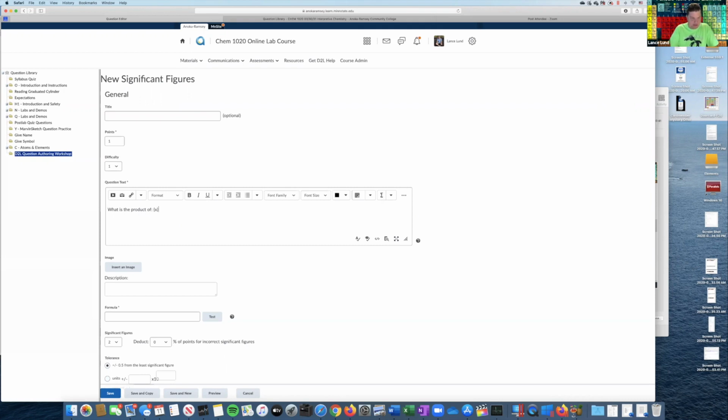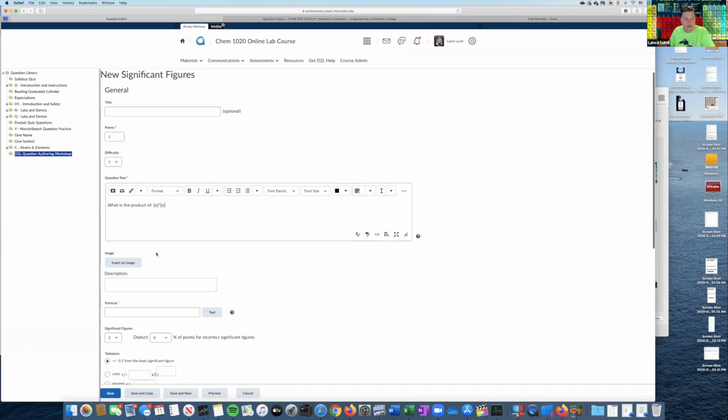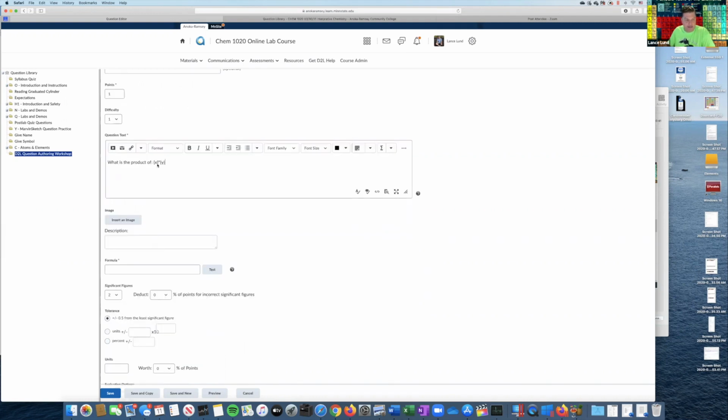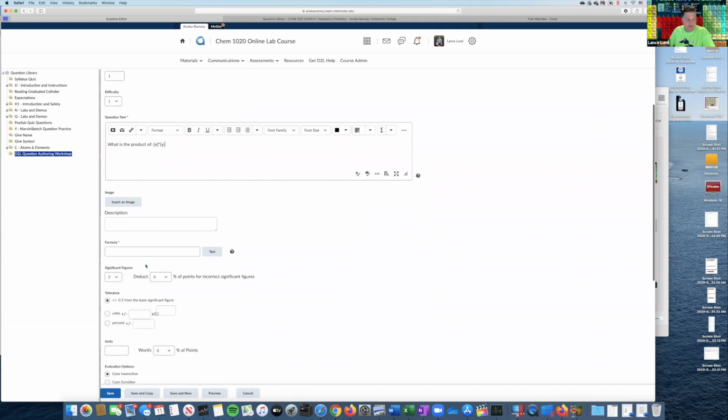Let's say we want to multiply x times y. Now, when you put the names in curly brackets like this, it is an indication to D2L that it is going to be calling a variable. So anything that you place into these curly brackets calls a variable that has these very specific names.